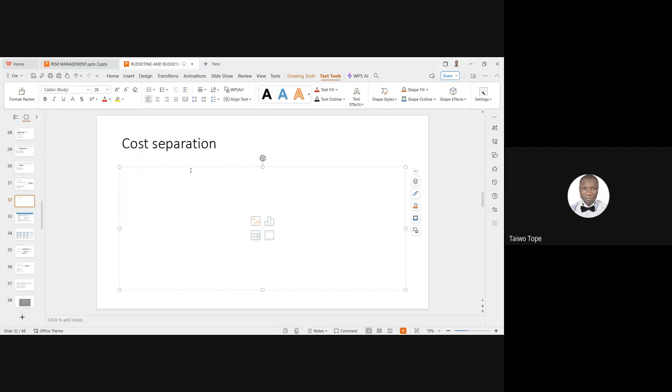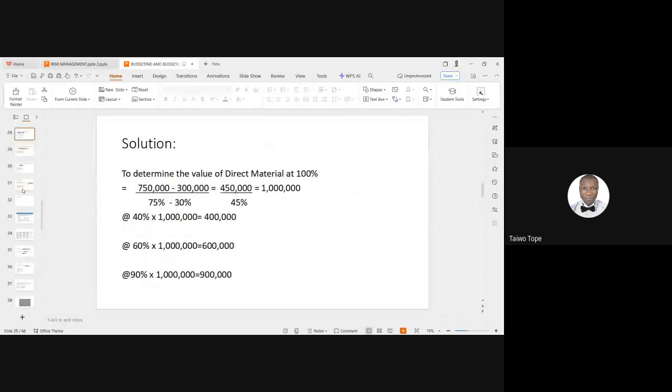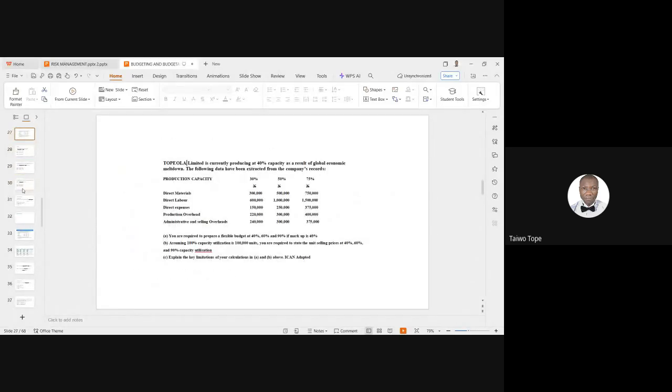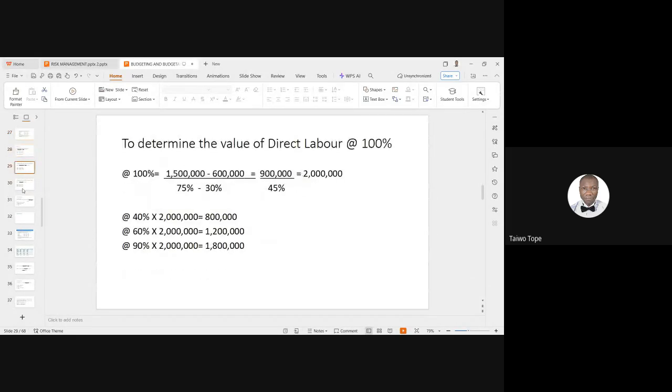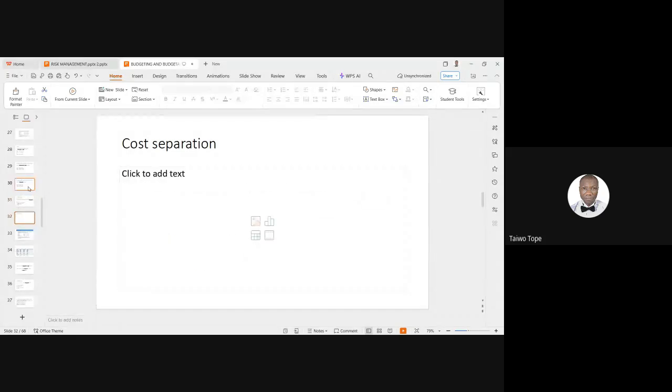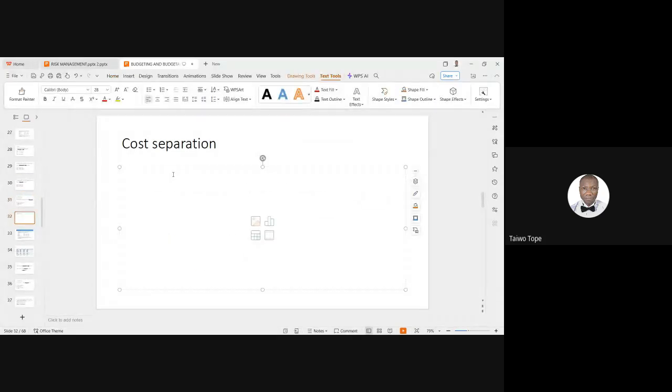Cost separation for production overhead at 30%.